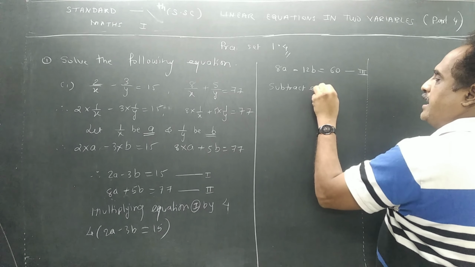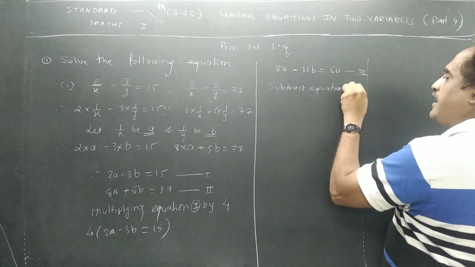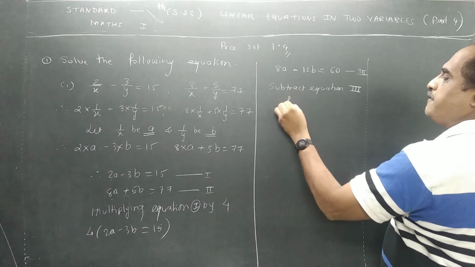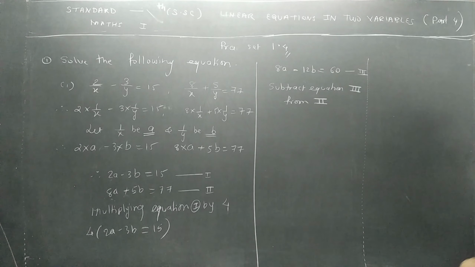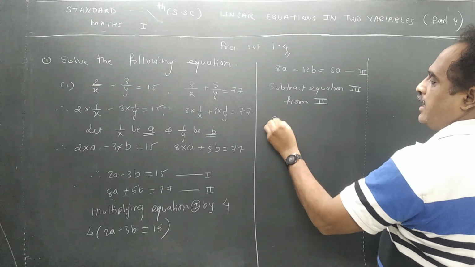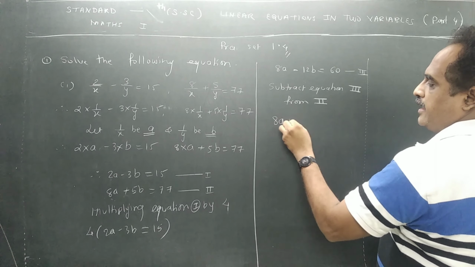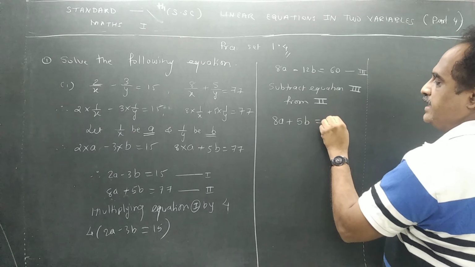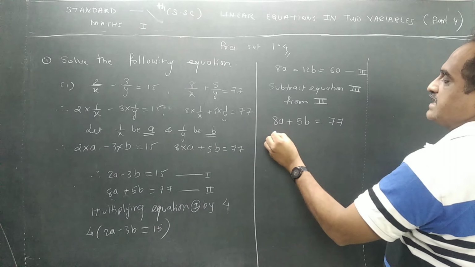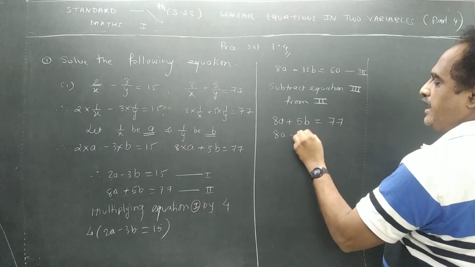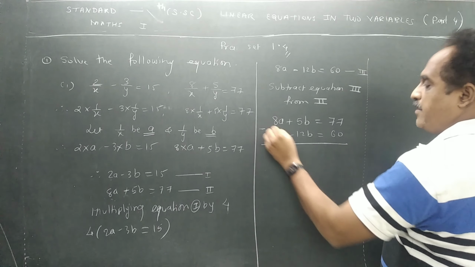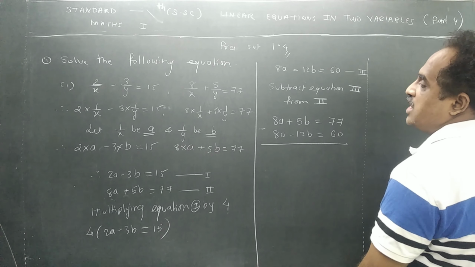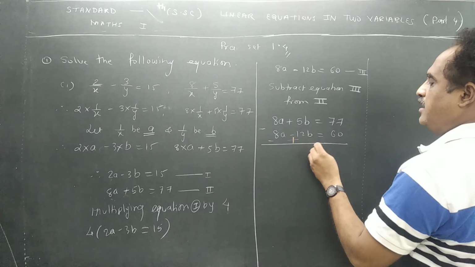So how are we going to proceed? Subtract equation 3 from 2. So what will happen now? 8a plus 5b is equal to 77 and 8a minus 12b is equal to 60. When I am going to subtract it, you have to change the sign of the lower terms.